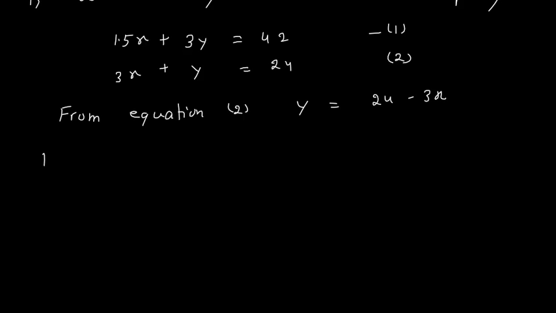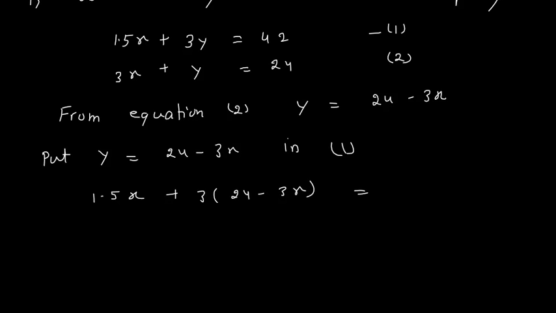Now I will put y equal to 24 minus 3x in equation number 1. So in equation 1 I will get 1.5x plus 3 into (24 minus 3x) equals 42. So 1.5x plus, 3 fours are 12, 3 twos are 6, 1 7, so 72 minus 9x gives 42.